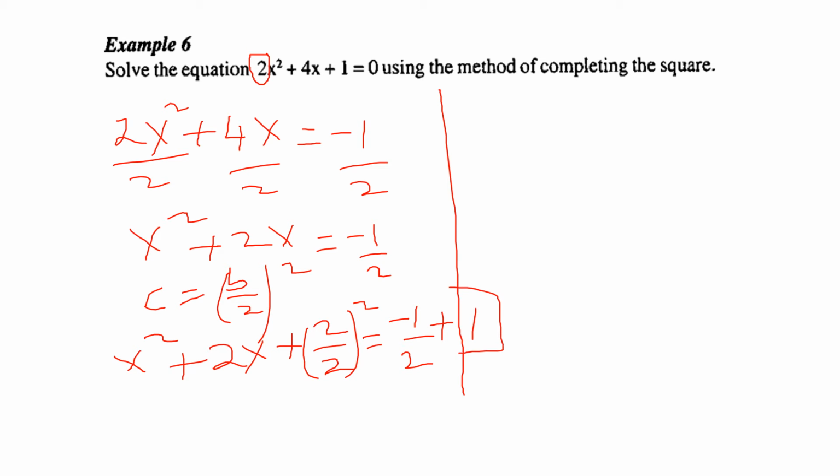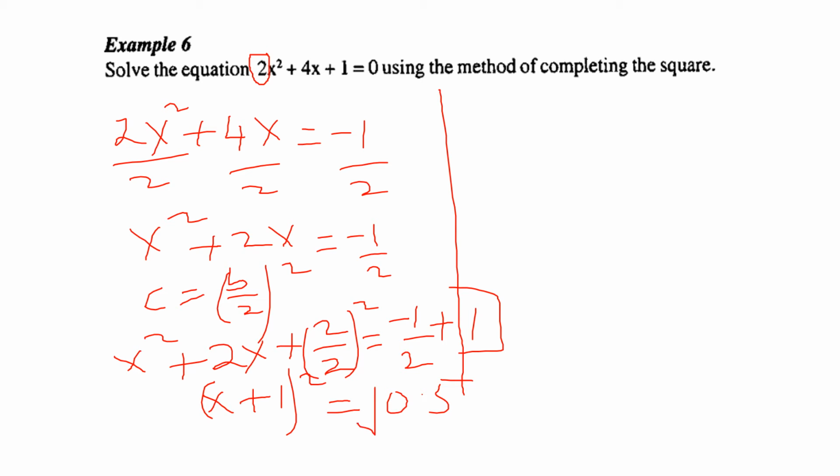So now from there we can be able to factor this out. This will be equivalent to x plus 1, then this one squared is equal to 0.5, because negative half plus 1 becomes a positive half.